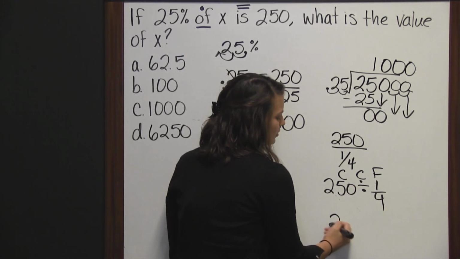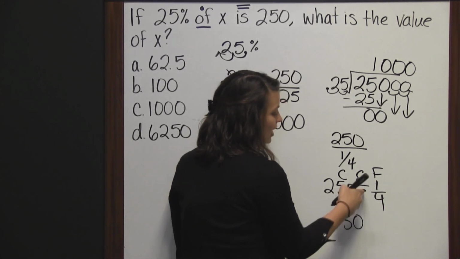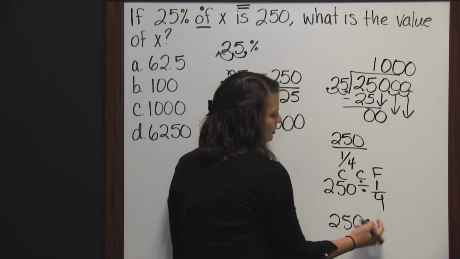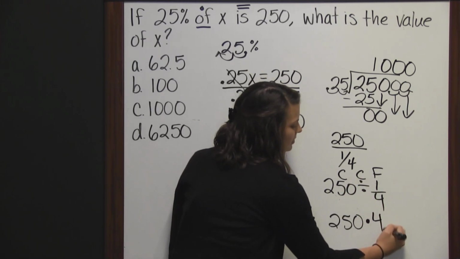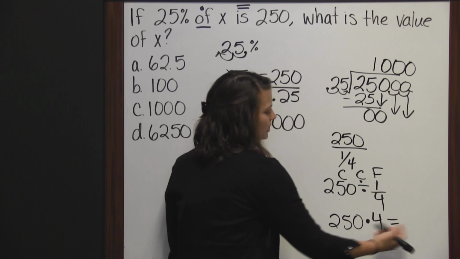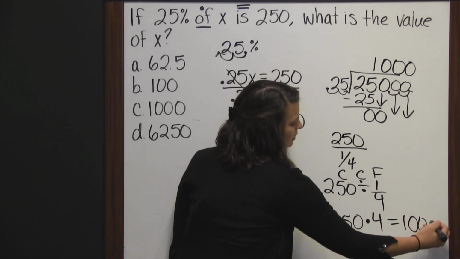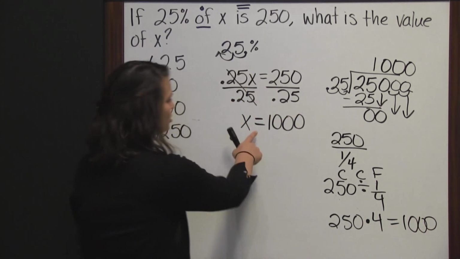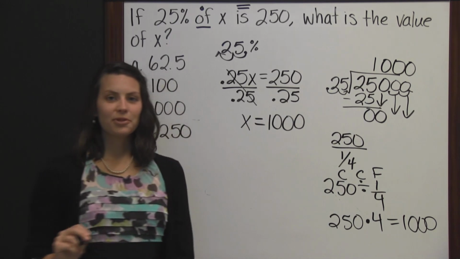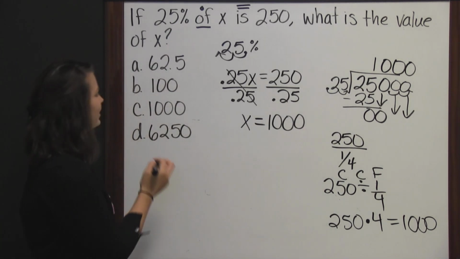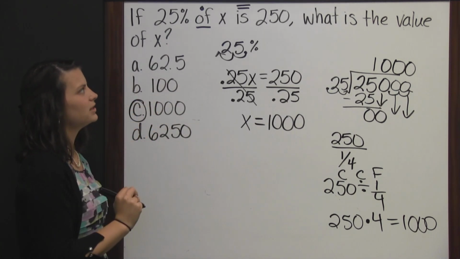We can copy 250, change division to multiplication, and flip 1/4 to be 4. 250 times 4 is 1,000, which is the same thing we got when we divided with our decimal. So either way, the answer is 1,000.